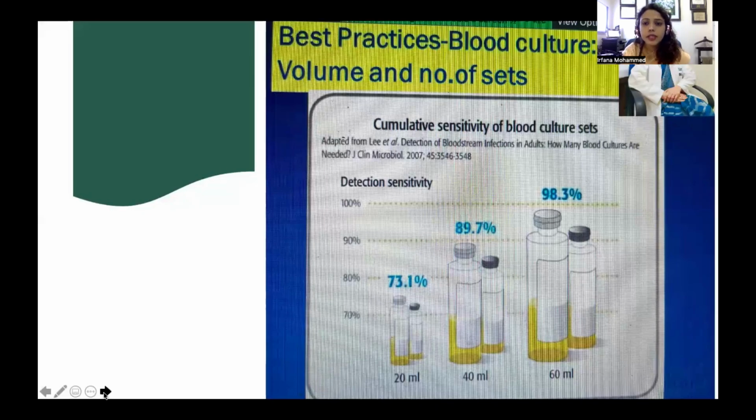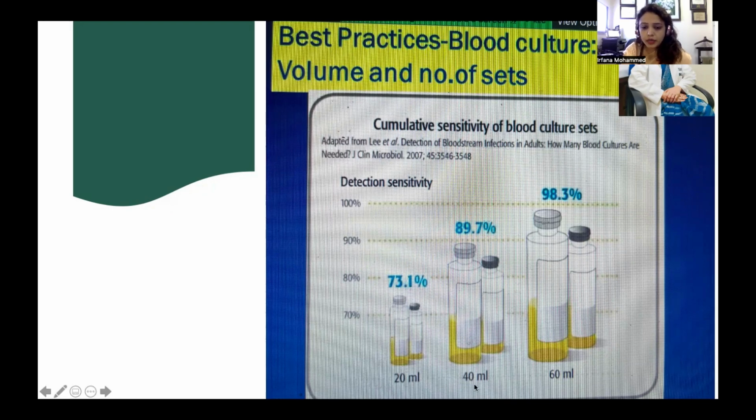So this is a best practice for blood culture. The volume of blood culture is also very important. You have to take a minimum of 20 ml for adult patients, 10 ml in the aerobic bottle and 10 ml in the anaerobic bottle. If we take only a single blood culture, the sensitivity is very low, around 50 to 70%.